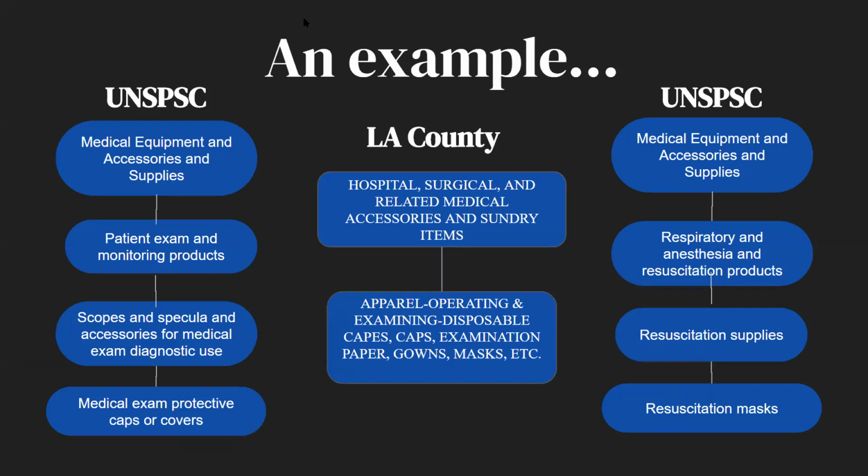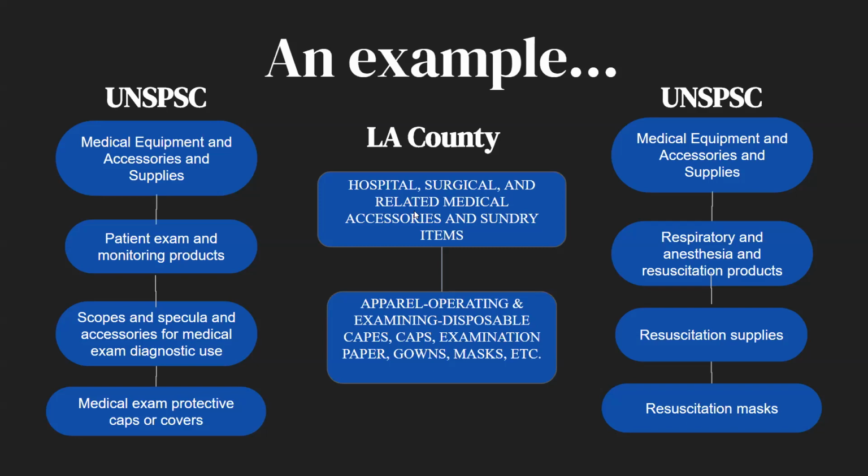So let's give an example that we can follow throughout the presentation. What you see here on the screen is two commodity standards in the UNSPSC standard, which relate to medical exam protective masks, covers, caps.